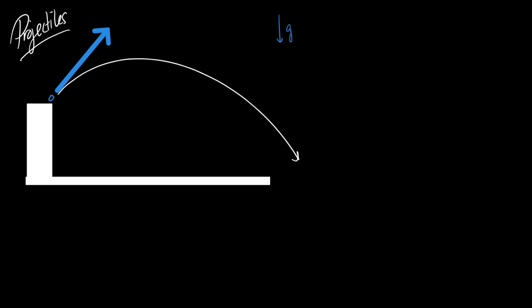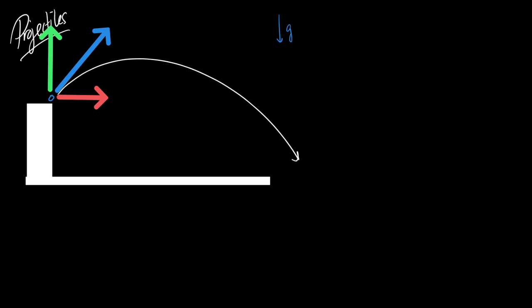There's the fact that the object is traveling with a velocity that is horizontal, and it's traveling with a velocity that is vertical. It has 2 velocities at the time of launch, right? And I should say it this way: it has 2 components to its velocity at the time of launch. One aligned horizontally and one aligned with gravity.